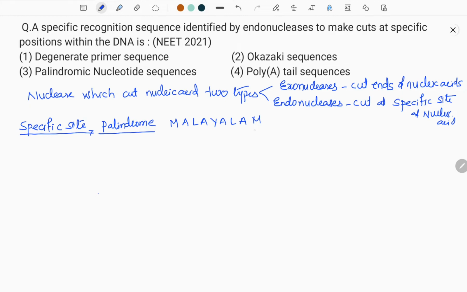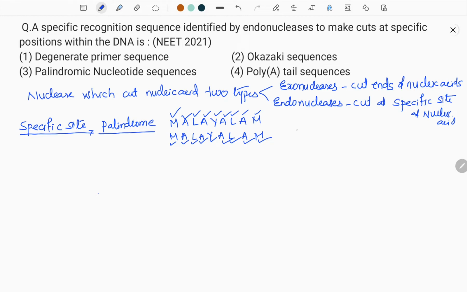I write the same in the opposite direction, Malayalam. When you check it, it is the same. M, A, L, A, Y, A, L, A, M. So these are called palindromes.